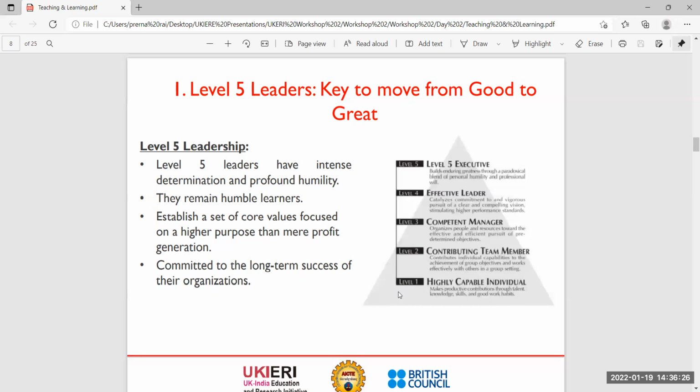If we follow this hierarchical leadership, then it's very easy for us to move from good to great. Having an executive who is very good, very humble and very modest, and very focused values, makes the success of an institution very easy. So that's the first step.